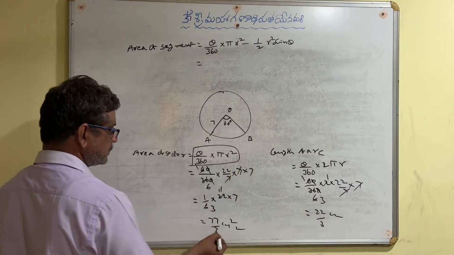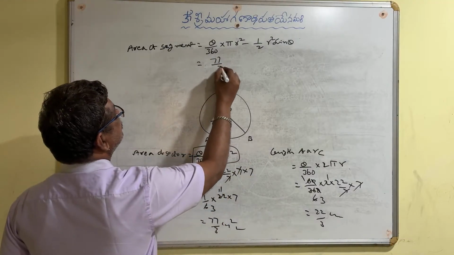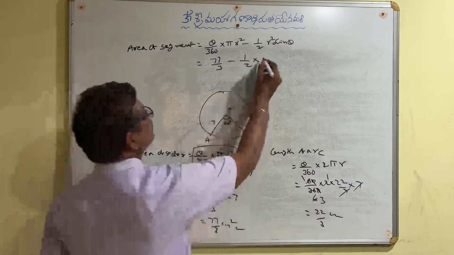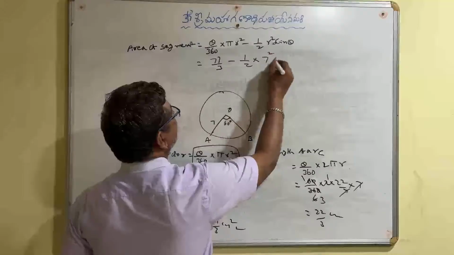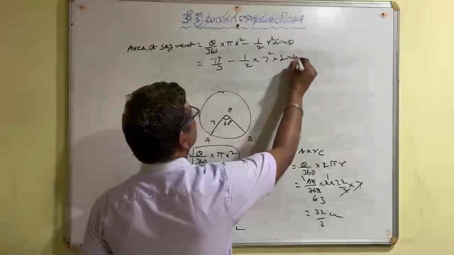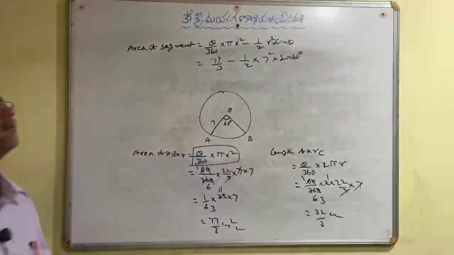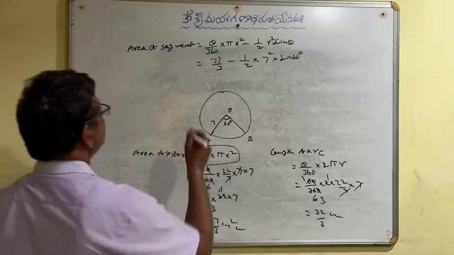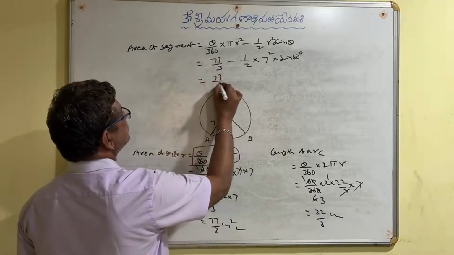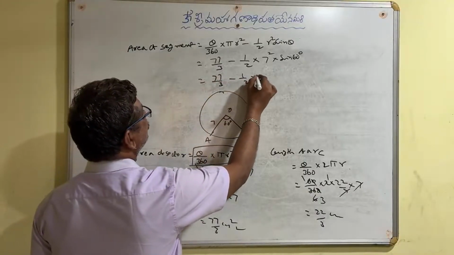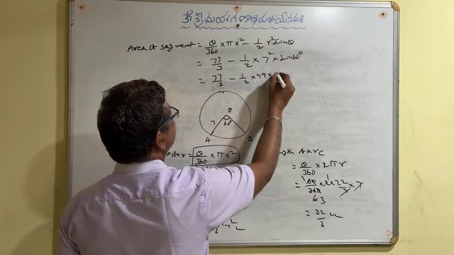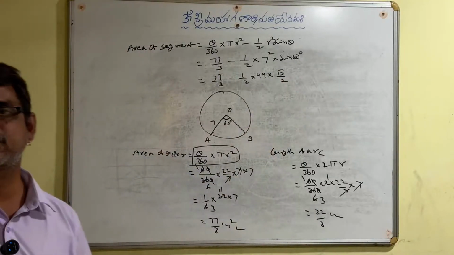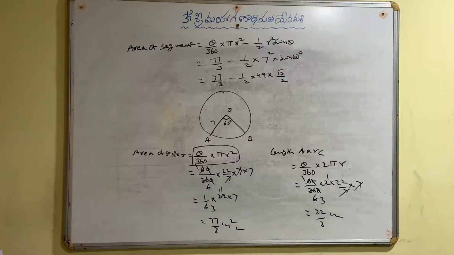This value we know, 77 by 3, minus half r square, 7 square, into sine 60 degrees. Now simplify this. 77 by 3, half into 49 into sine 60, root 3 by 2.